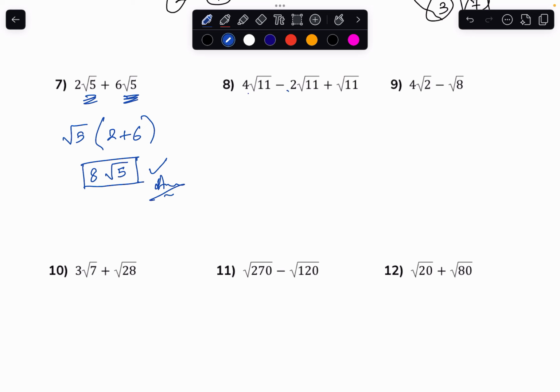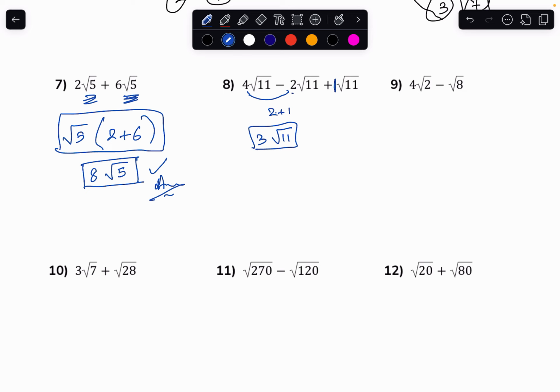Likewise, 4 minus 2 plus 1. 4 minus 2 is 2. 2 plus 1 is 3. 3 root 11 will be your answer. Okay, means it is not necessary that you take the common out and then add it. You just do as you did in the normal algebra questions, in which you can directly add or subtract the like terms.